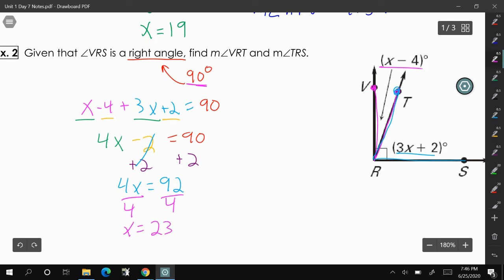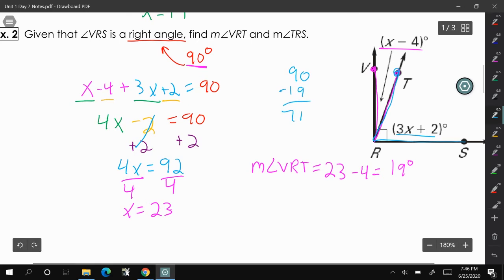So again, we got to go and make sure that these are correct by plugging in our values. So the measure of angle VRT is x, which was 23, minus 4, so that gives us 19 degrees. So yeah, you could go now 90 minus 19 and get 71, but I don't like to do that.